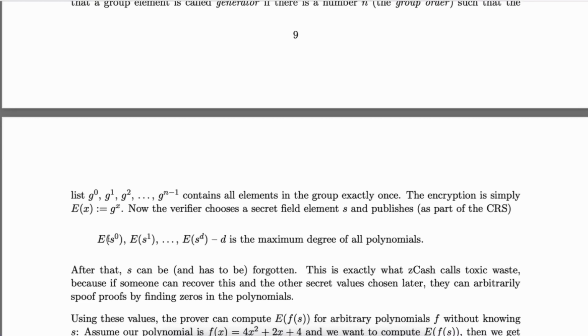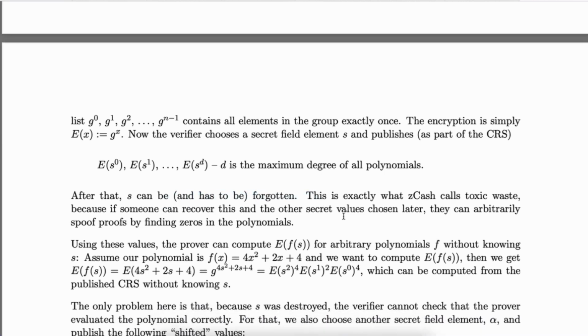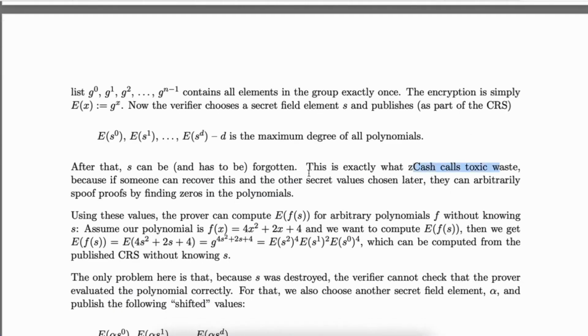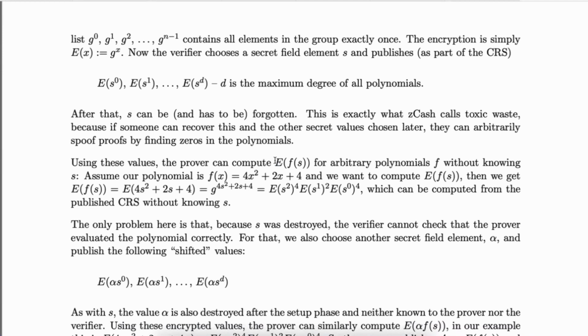And so you just have a list of these up to the maximum degree of polynomials. After that, S can be and has to be forgotten. This is what is called toxic waste. Yes. So using these values, the prover can compute E of f of S for arbitrary polynomials.